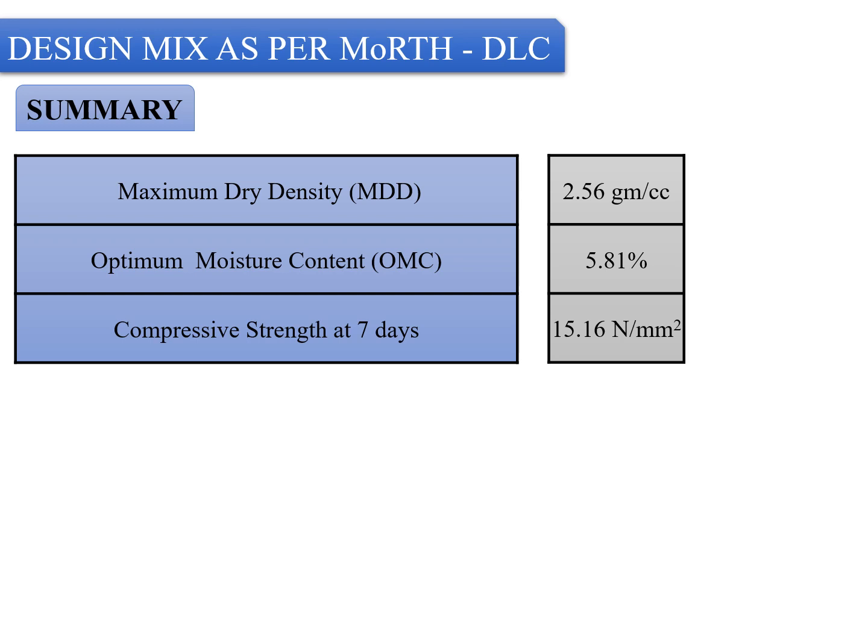And then once the mixes are collected and cubes are cast, those cubes can be checked for compressive strength, to see whether the mixes are meeting the requirements of compressive strength or not. If the compressive strengths are not met, that means there is an issue with the mix with respect to the design mix.